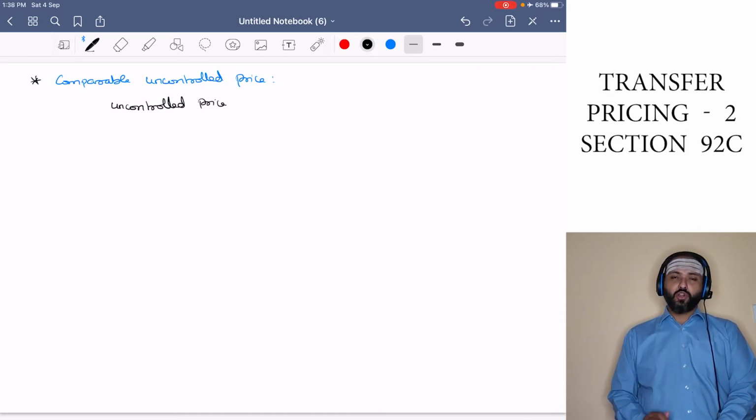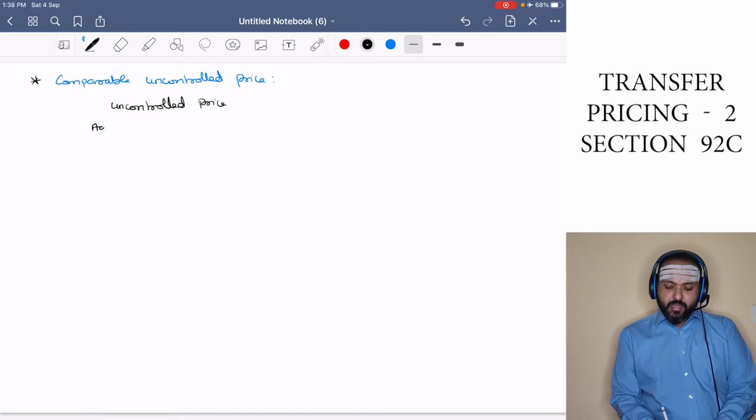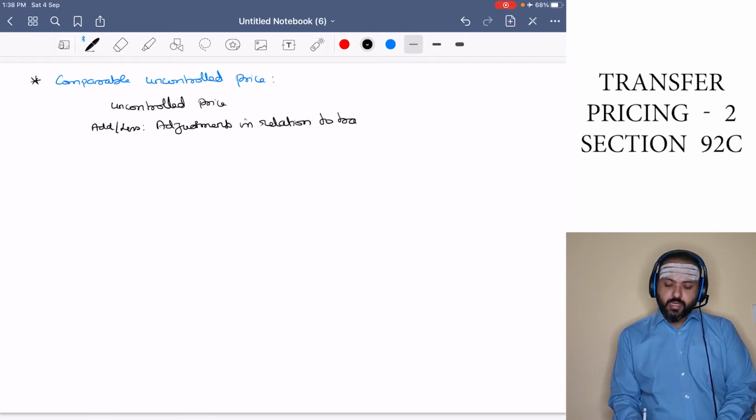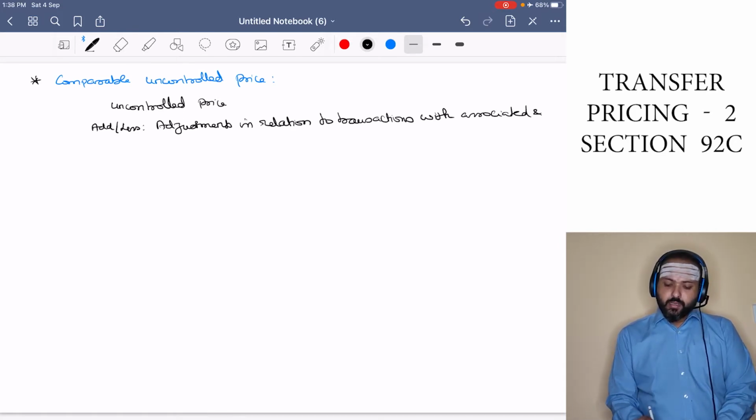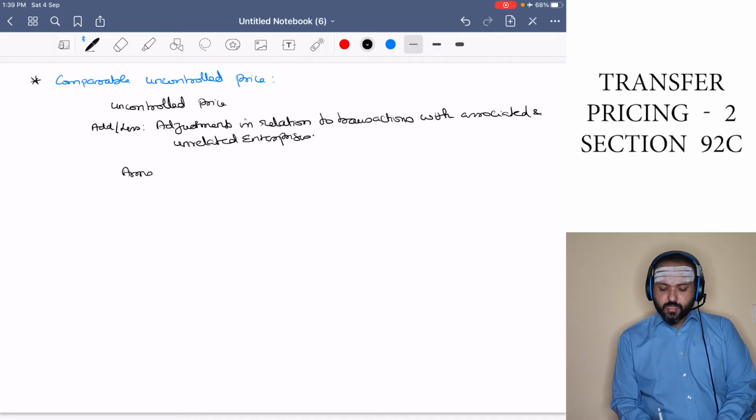So we take up the uncontrolled price, and then we add or less adjustments in relation to transactions with associated and unrelated enterprises. And then you arrive at what is called the arm's length price.